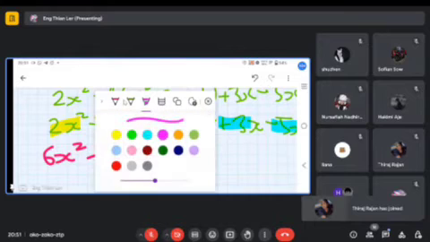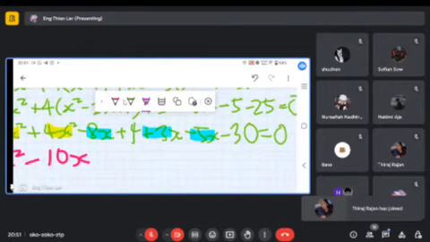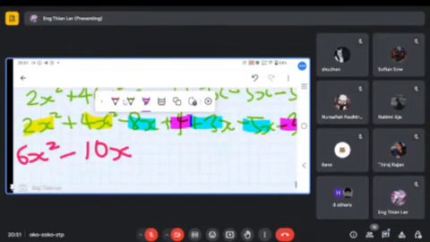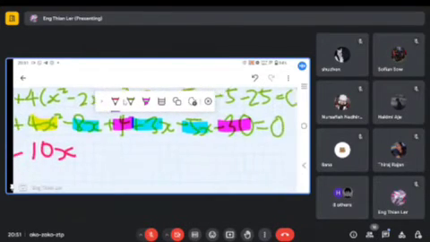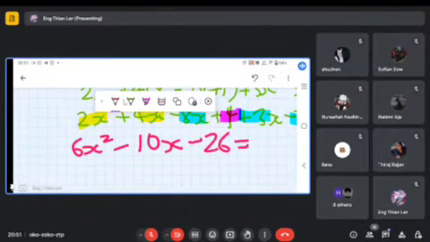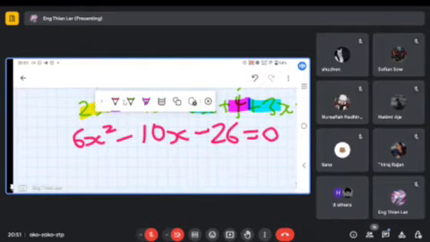For the numbers, we have 4 plus 1, minus 30. So negative 26, equal to 0. First we simplify this by dividing everything by 2.